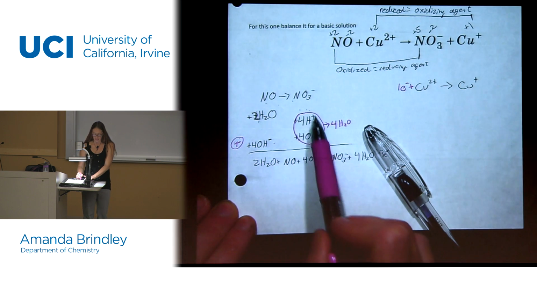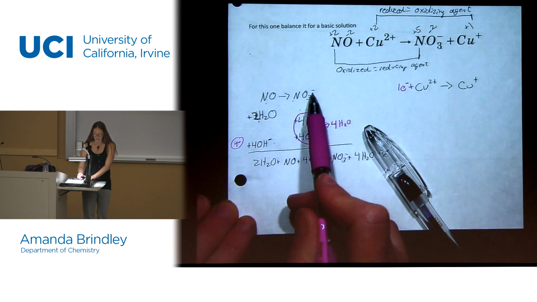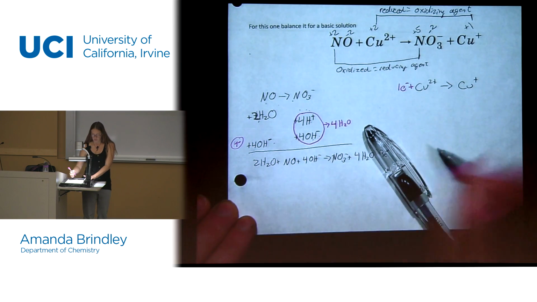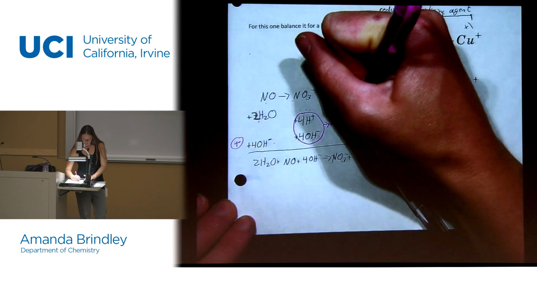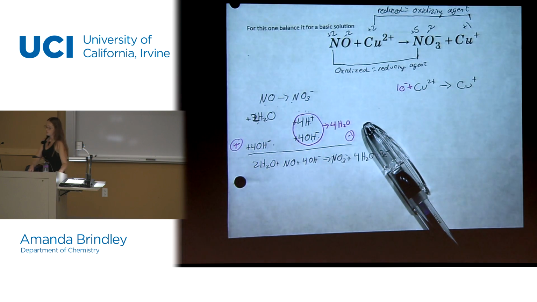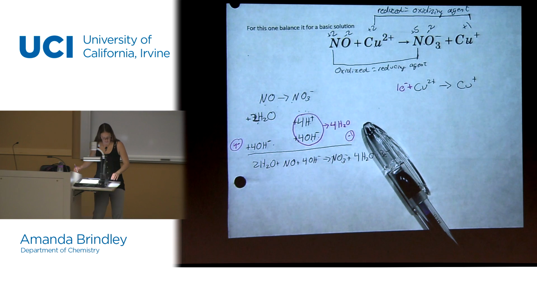Over here, I have plus 4 minus 4. Those cancel out. And then what do I have right here? A minus 1. So overall, I have a minus 1 on one side and a minus 4 on the other. So how many electrons do I have to add? 3.